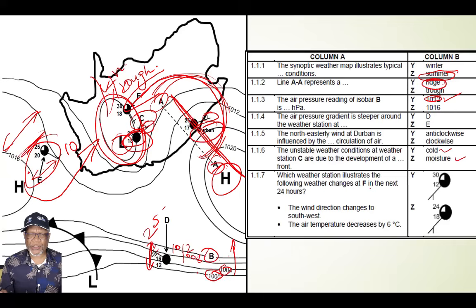Here at F, the wind direction is going to change to the southwest. So you have to say, where are we going to have the wind direction change to southwest and the air temperature decrease by 6.